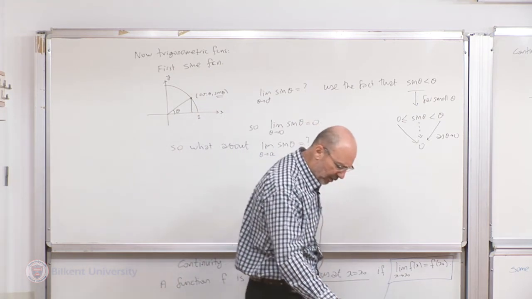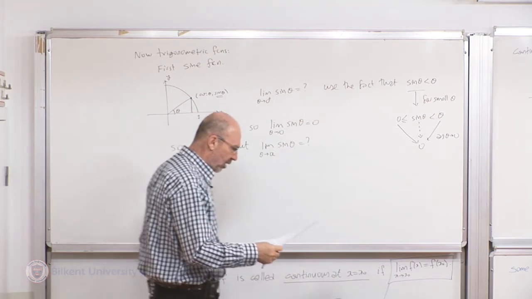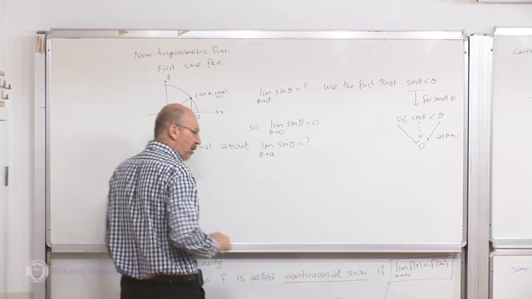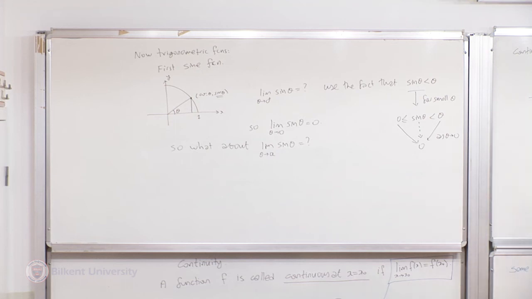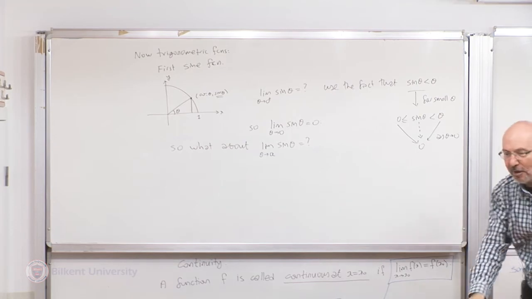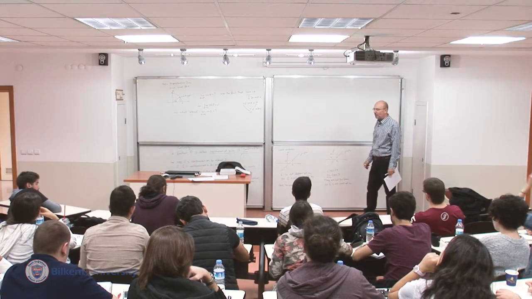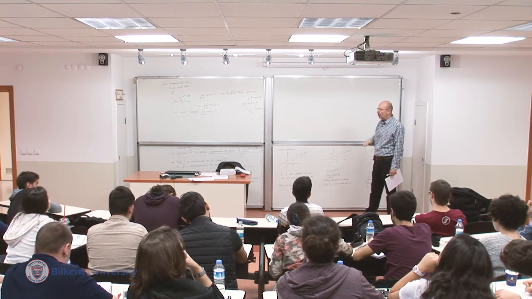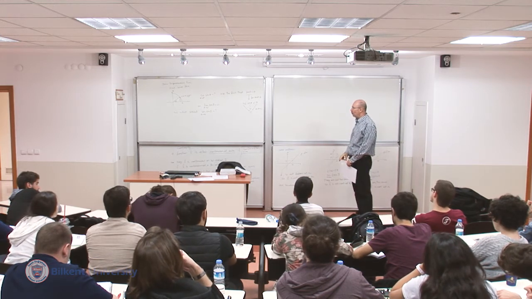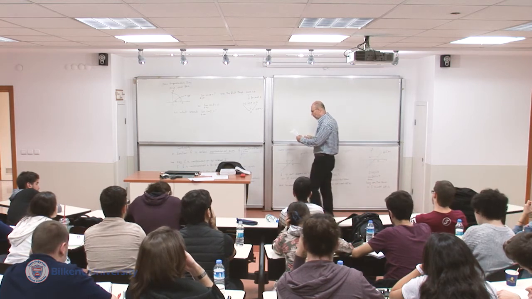Okay, so let me see. There was some calculation here. For this, we need the following technical observation. It is again trivial, but we have to observe this. Remember, we are following the tradition of Euclid of 2,000 years ago. Everything you say here must depend on what you said before. So here we don't want to use something that we didn't say before, even though it is very trivial. Okay, so it is this thing.